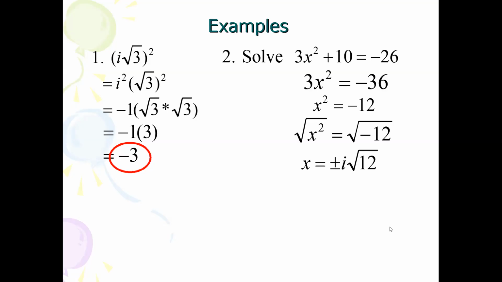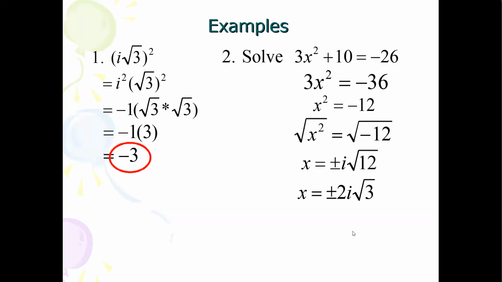So evaluate the square root of -12, it's plus or minus i root 12, right? And now we can proceed with our solution. Okay. So these are our two solutions, right?